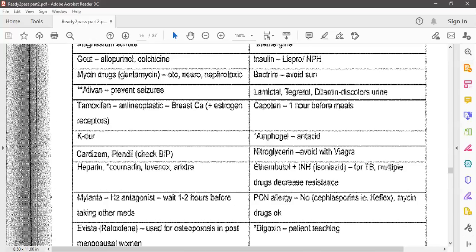Another medication we use for gout is called colchicine, right? Colchicine, I said, for gout. Colchicine has an anti-inflammatory nature. It can treat and prevent gout attacks.